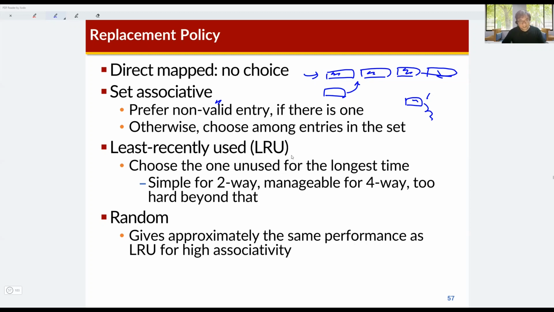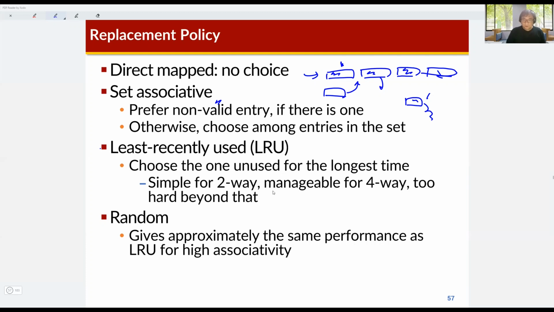This is a very popular policy. Least recently used means that we select the least recently accessed block. If a block is not accessed for the longest time, then the block is evicted from the cache.